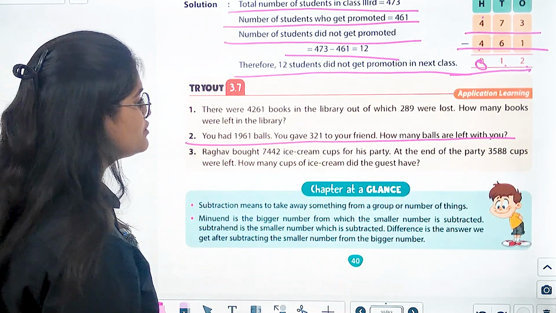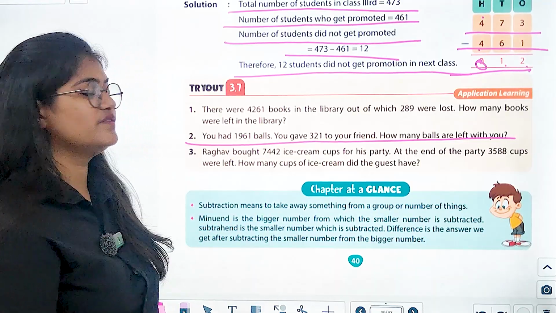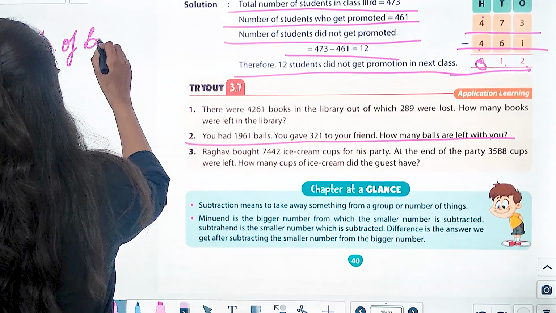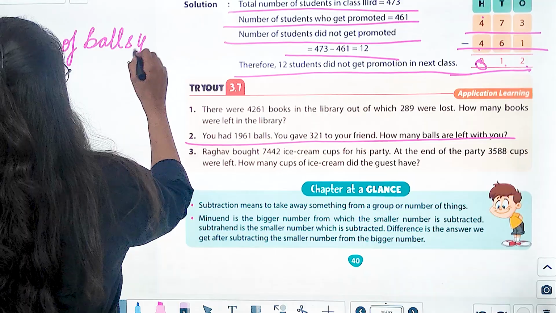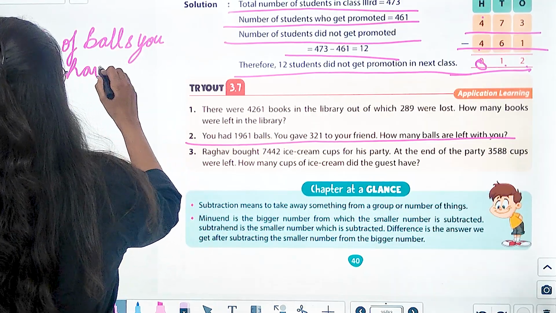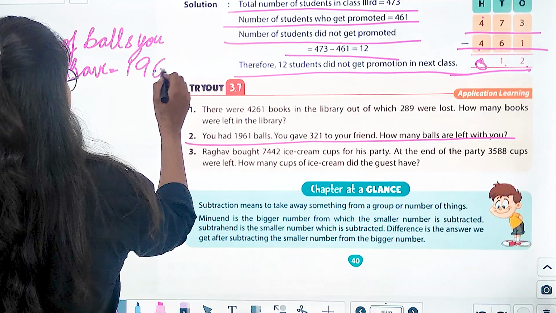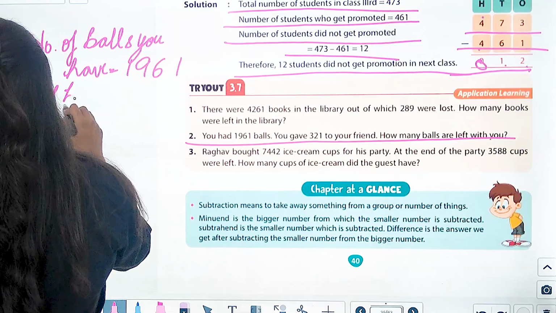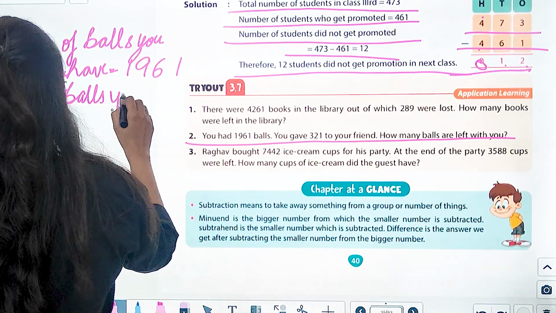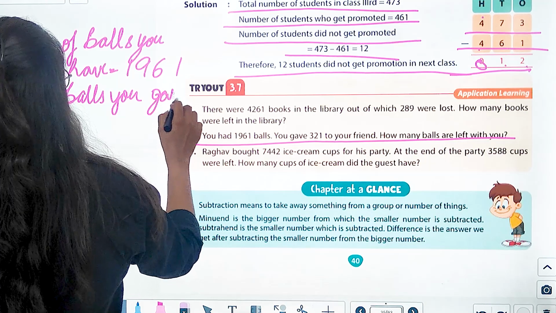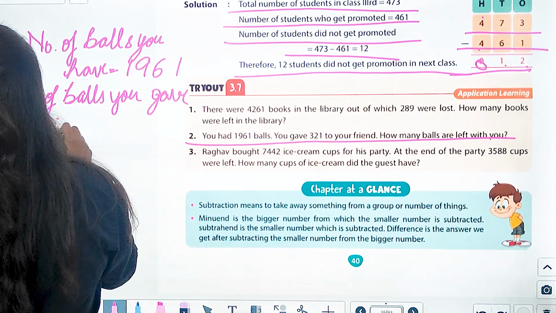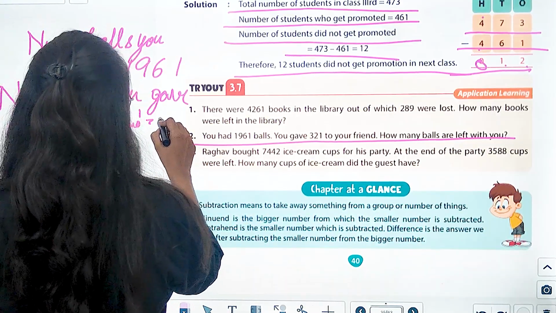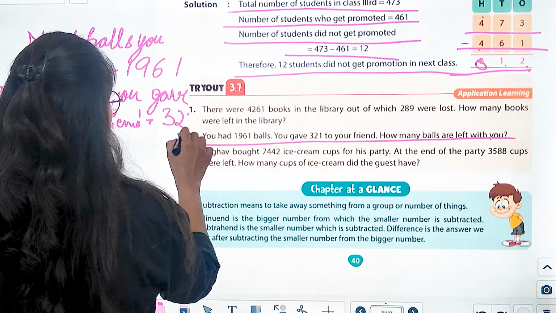So moving up to the exercise, it says you had 1961 balls. You gave 321 to your friend. How many balls are left with you? The number of balls you have is equal to 1961, and the number of balls you gave to your friend is 321.